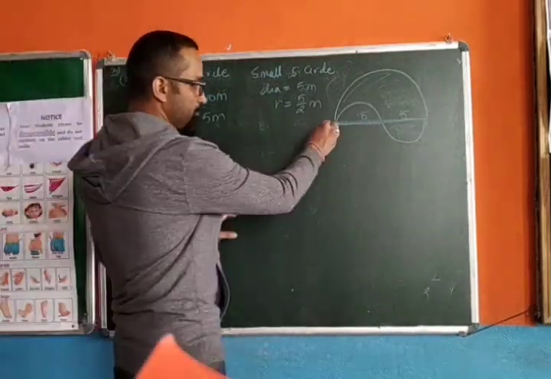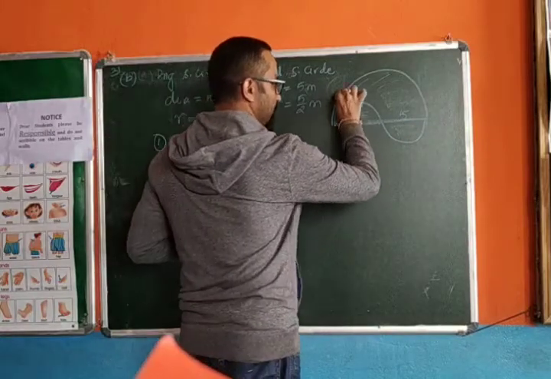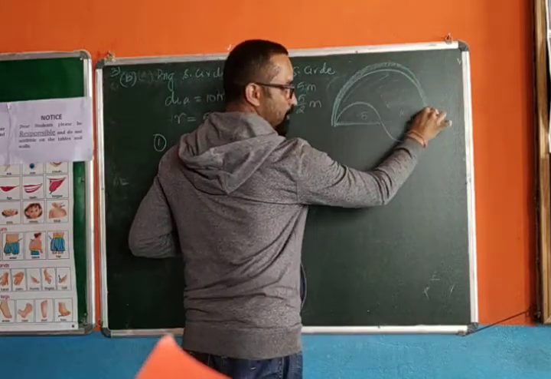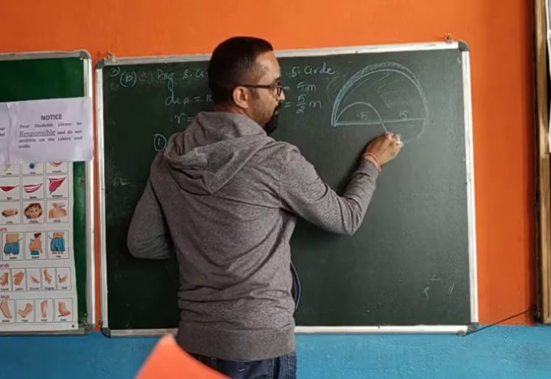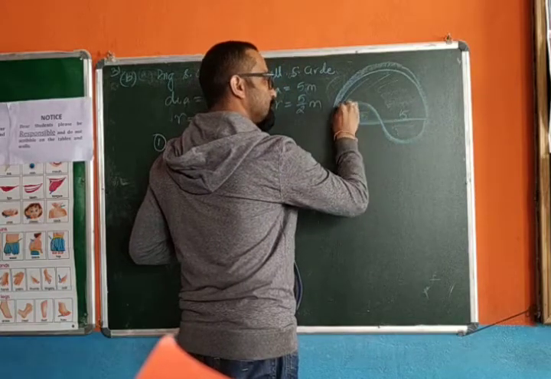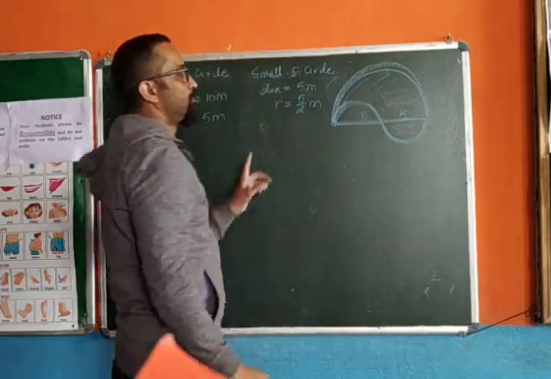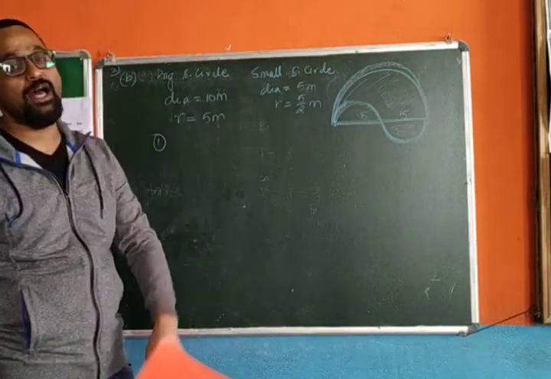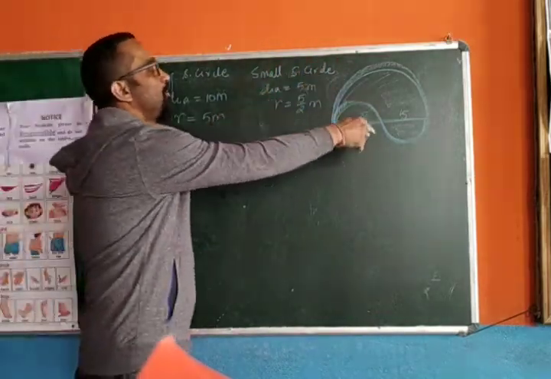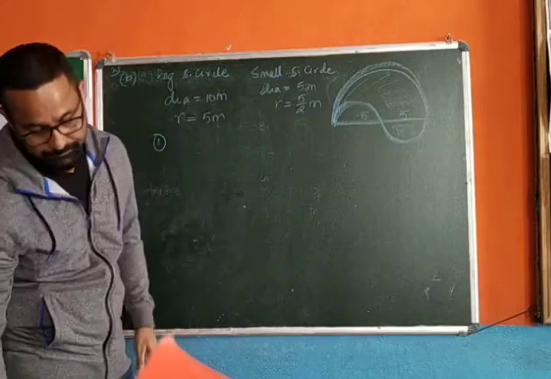Question says that calculate the perimeter. So perimeter means you start from here, one curved part, circumference of big one, circumference of small one, circumference of small one. This portion has been asked to calculate the length of the boundary of the shaded region.